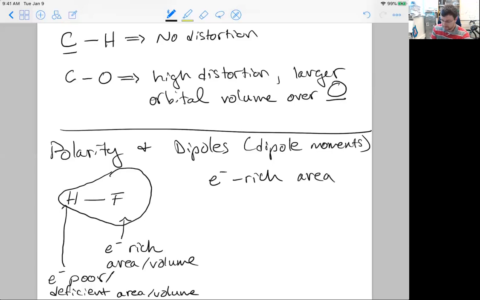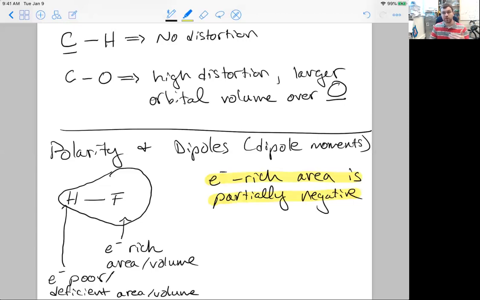is, maybe the best word, partially negative. That's a really important idea. The electron-rich area is partially negative. Now, why is that?